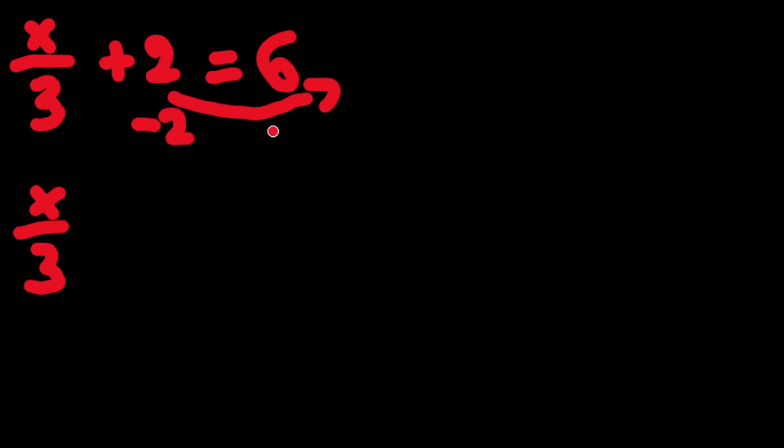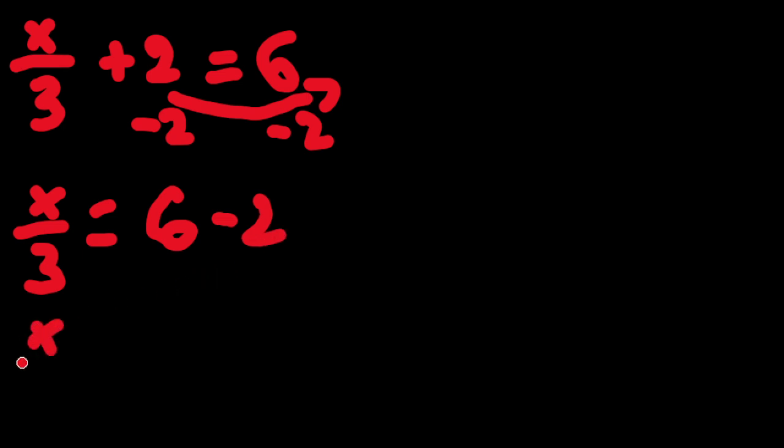I'll put minus 2 there and minus 2 here. So x over 3, 2 minus 2 equals 0. On the right we have 6, and we have minus 2 there.